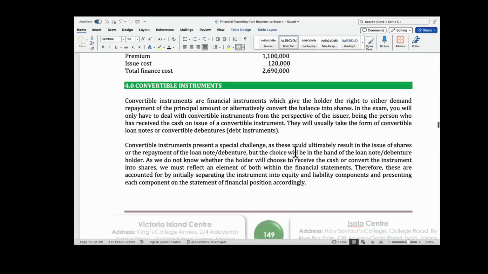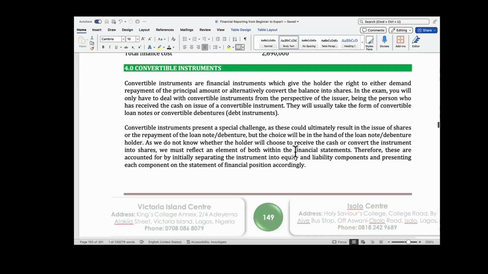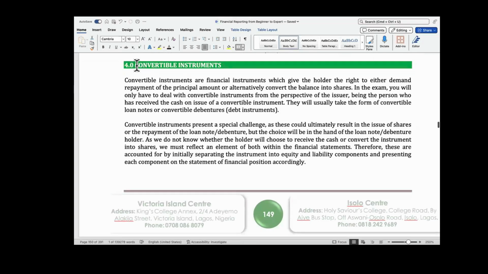So finally for tonight, before we go and sleep, there's something we call convertible instruments, or what we also call compound financial instruments. Remember what I taught you under IAS 32 to know whether the issuer has a financial liability or equity.